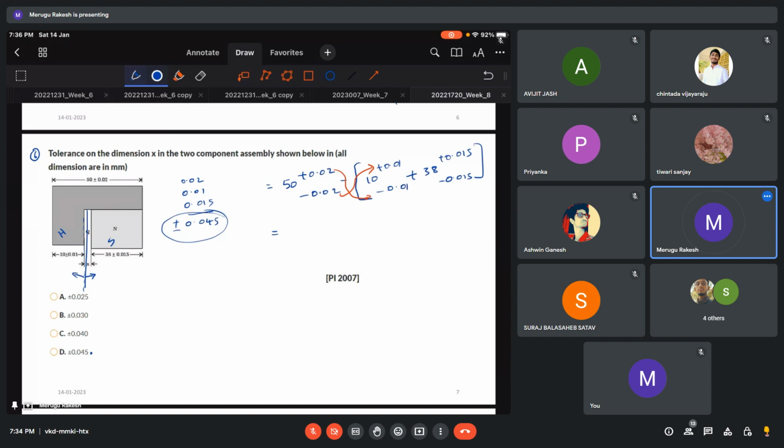And similarly the same term comes here but with the minus sign. The same values come here.